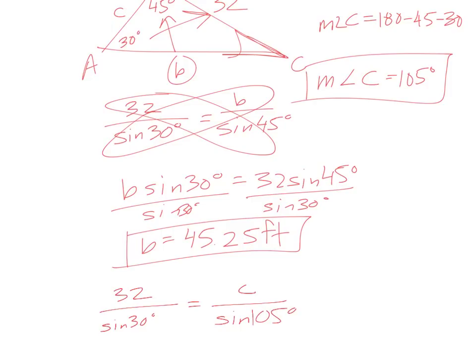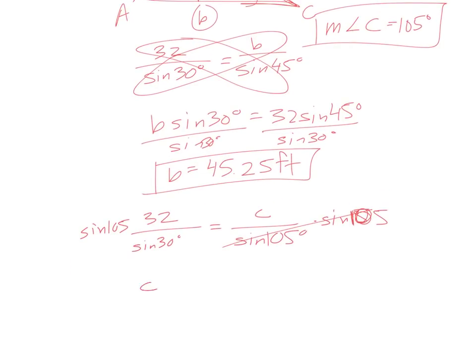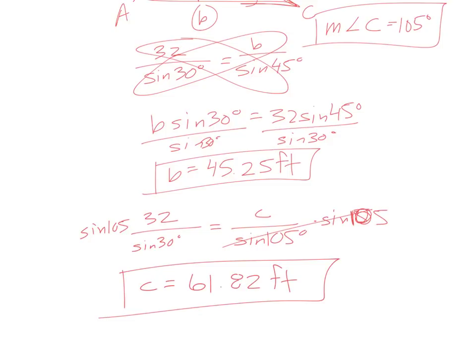Same thing as before, we just cross multiply, or you could multiply by sine of 105. Your choice how you want to do it. So c is equal to 61.82, and that'll be feet. Done. On to the next example.